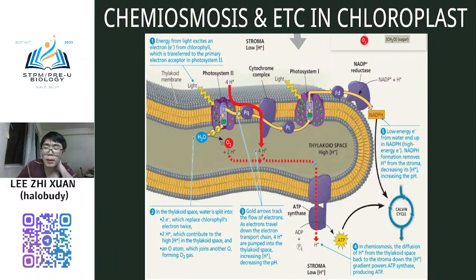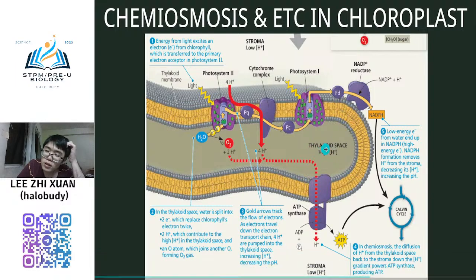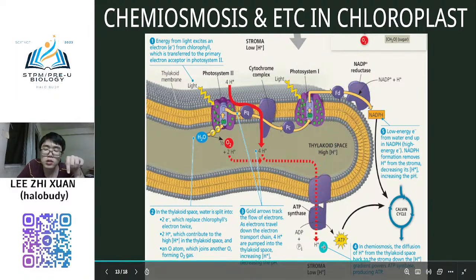In aerobic respiration, chemiosmosis pumps the hydrogen ions from the intermembrane space toward the matrix through the ATP synthase. But for this one, the location is different. The hydrogen ions go from the thylakoid space out to the stroma through the ATP synthase.